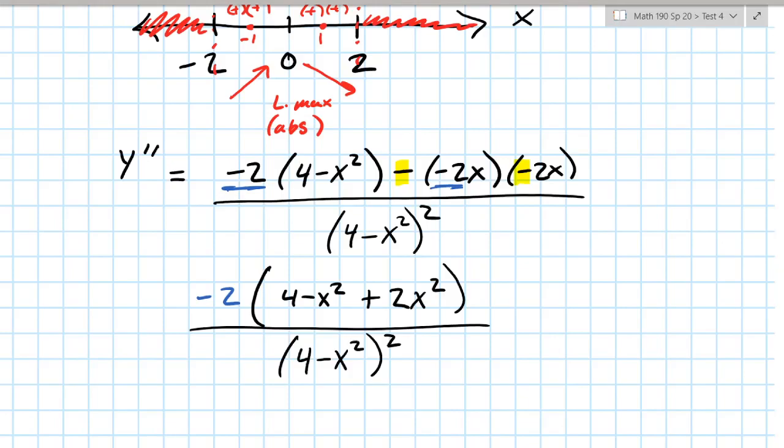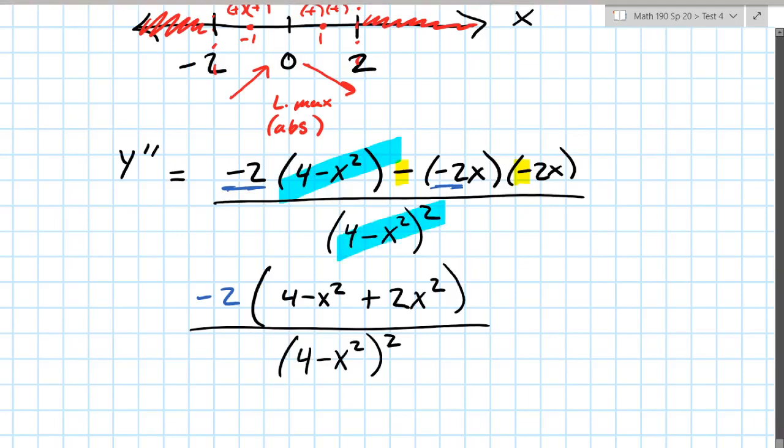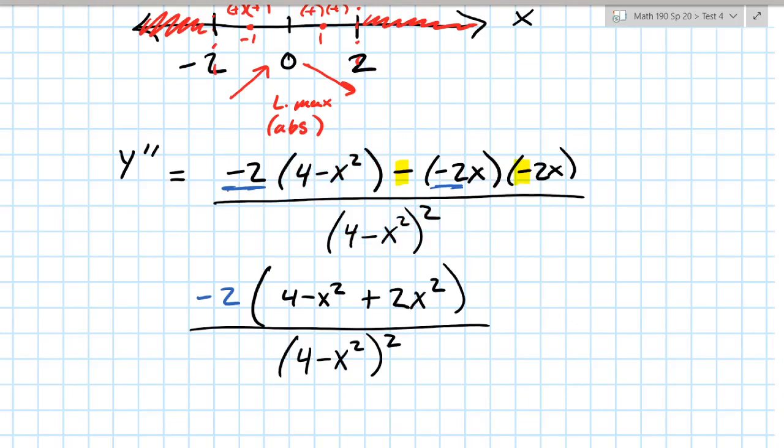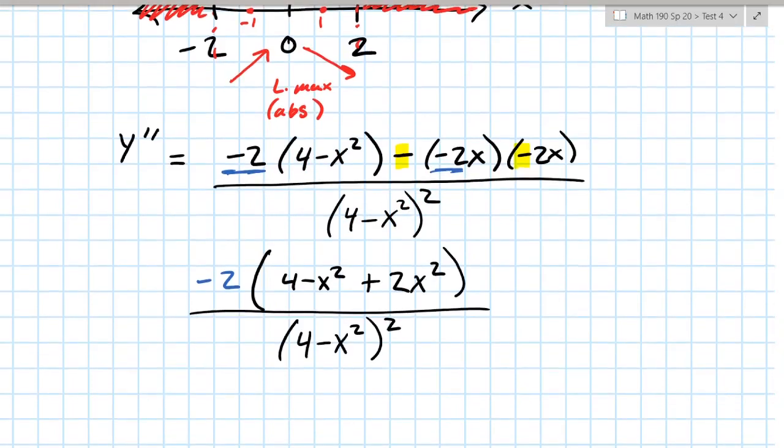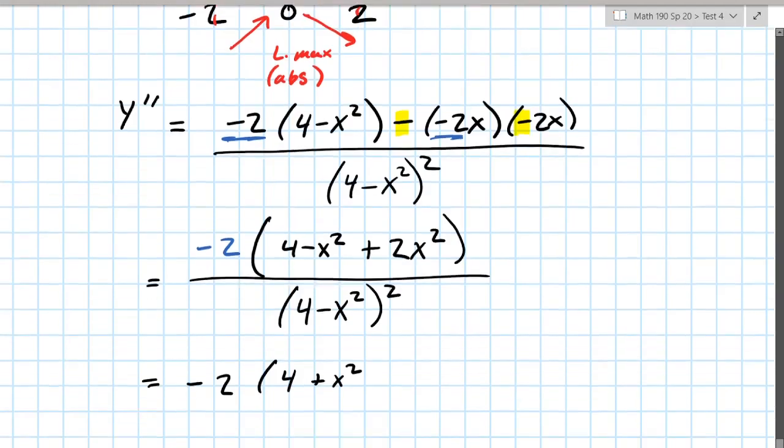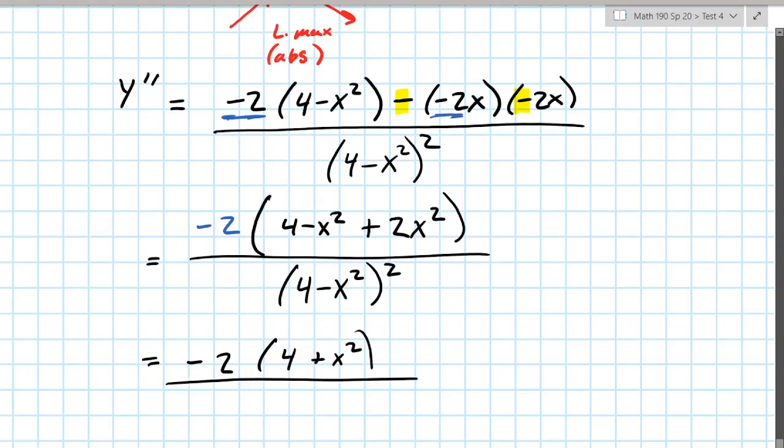It would be horrendously wrong to try to cancel this, right? Combining like terms gives us -2 times 4 plus x squared up top and 4 minus x squared squared on the bottom.